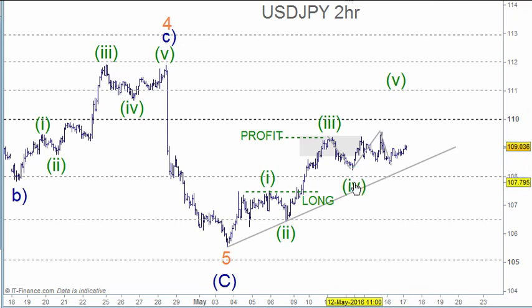So we've got to put wave 4 under here now. It's also possible that this can drag out into more of a triangle position, but I don't think that's the case. Looking at what's going on in the markets, we'll probably see this now go 1, 2 is in place.